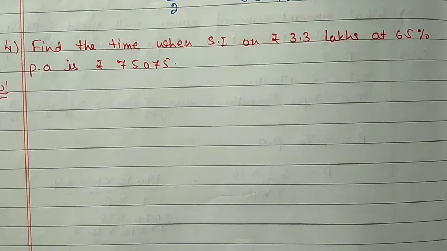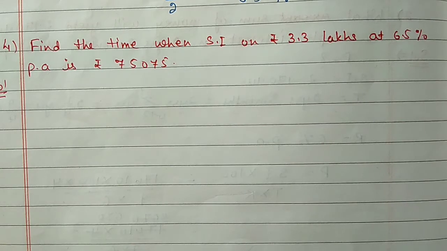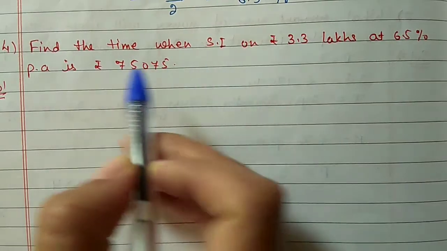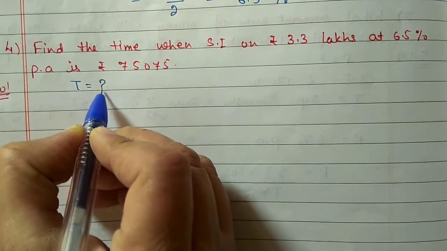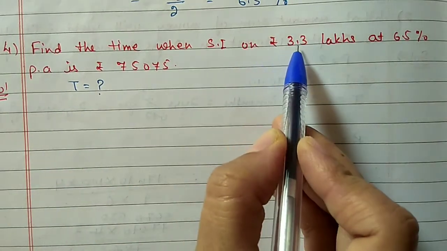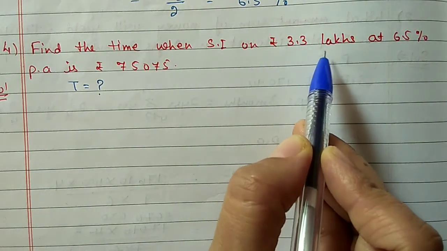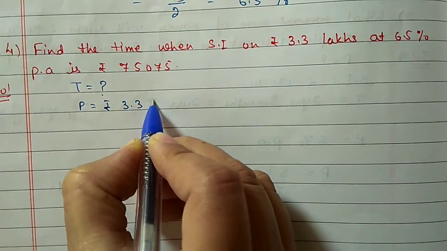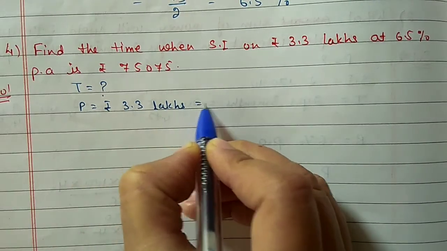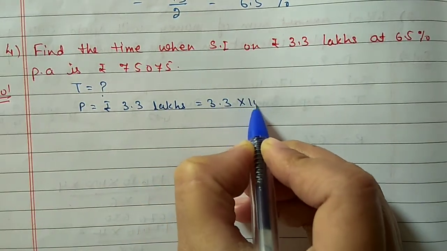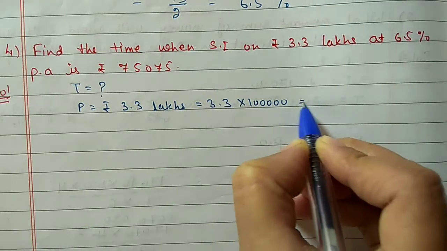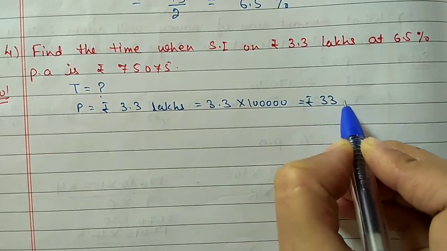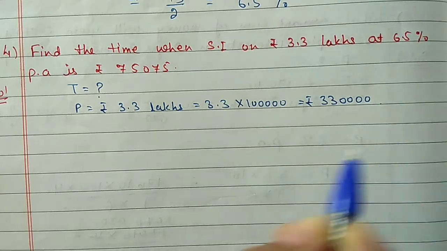Next, question number 4. Find the time when simple interest on 3.3 lakh rupees at 6.5% per annum is 75075. So here we have to find out the time. Then 3.3 lakh rupees is the principal money. So P is 3.3 lakh rupees. 1 lakh means after 1, 5 zeros will come, so it will become 33 and 4 zeros.